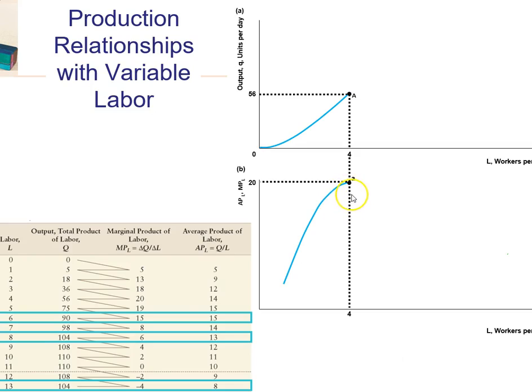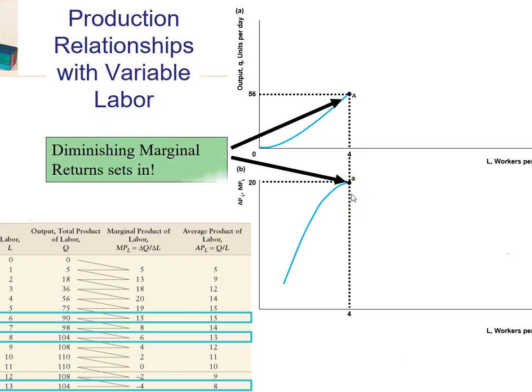After this point, as additional workers are hired, diminishing returns kick in, and marginal product of labor starts to decline. So it's still positive, but it starts to decline after 4 workers are hired. This is diminishing marginal productivity occurring.